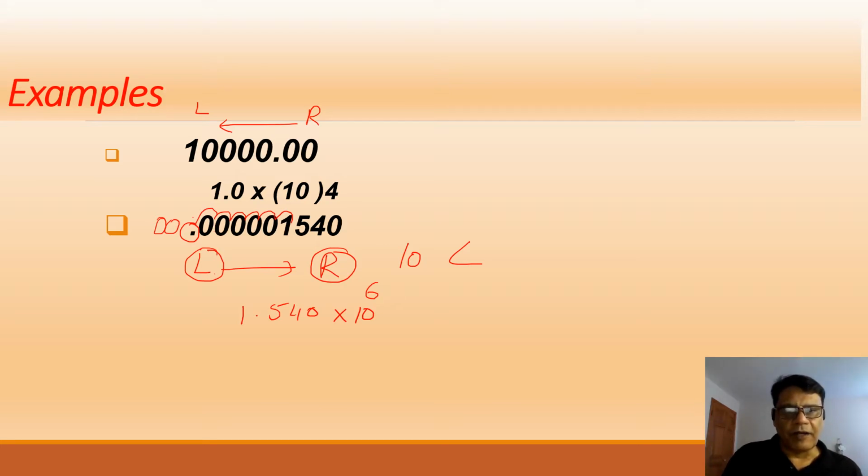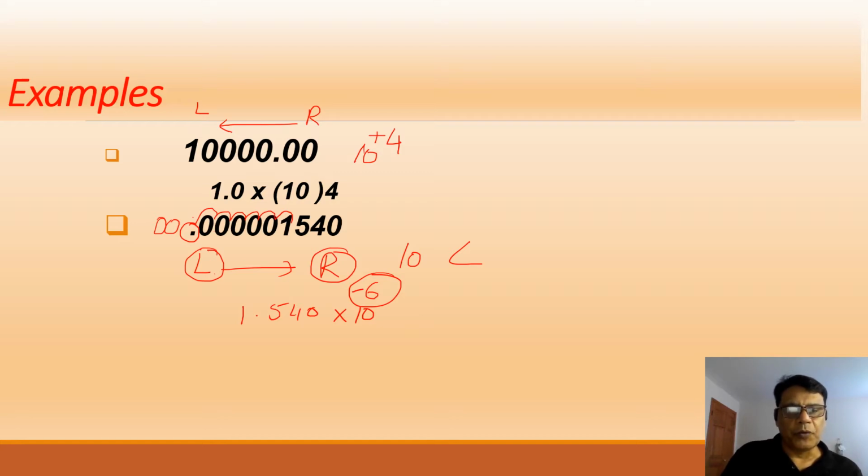So now the 6 will be in minus. And in the first case, you saw that the exponent of 10 was in plus, but here the value is in minus.